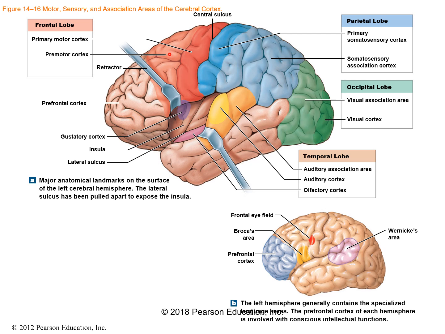This area is going to help relay instructions to the primary motor cortex. The premotor cortex is going to trigger the primary motor cortex into actually sending the message, but it's going to help figure out what we should do here.